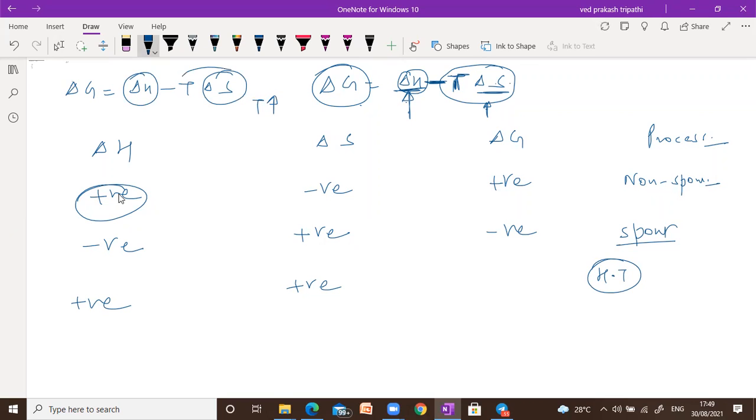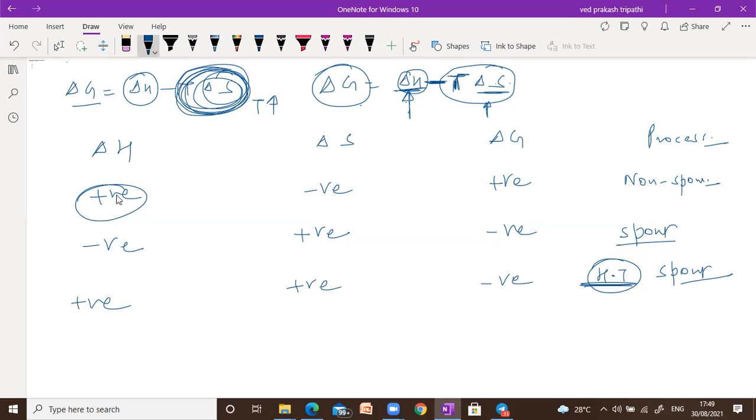High temperature means T delta S is high. If this term is higher, then what will happen? Again the same thing, delta G will become negative. Yes, it will be negative. So delta G will become negative at high temperature, and the reaction will become spontaneous.